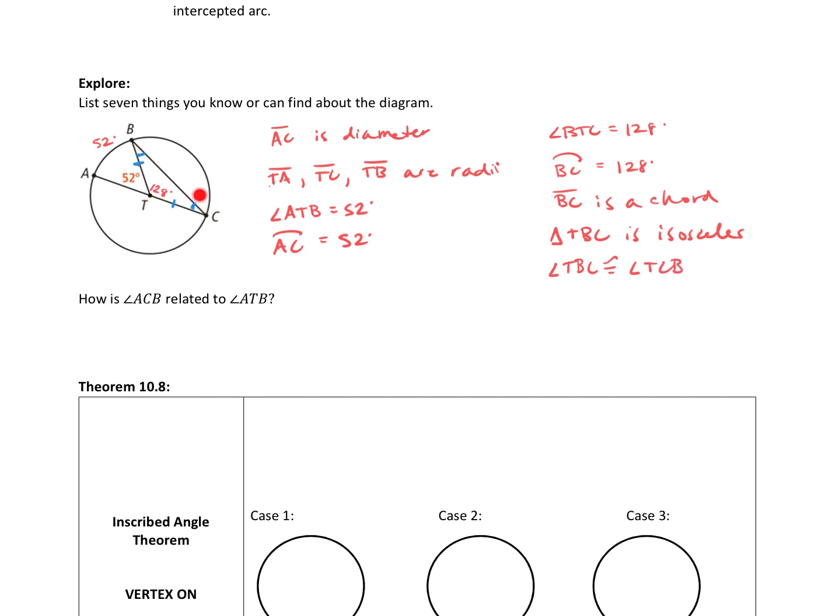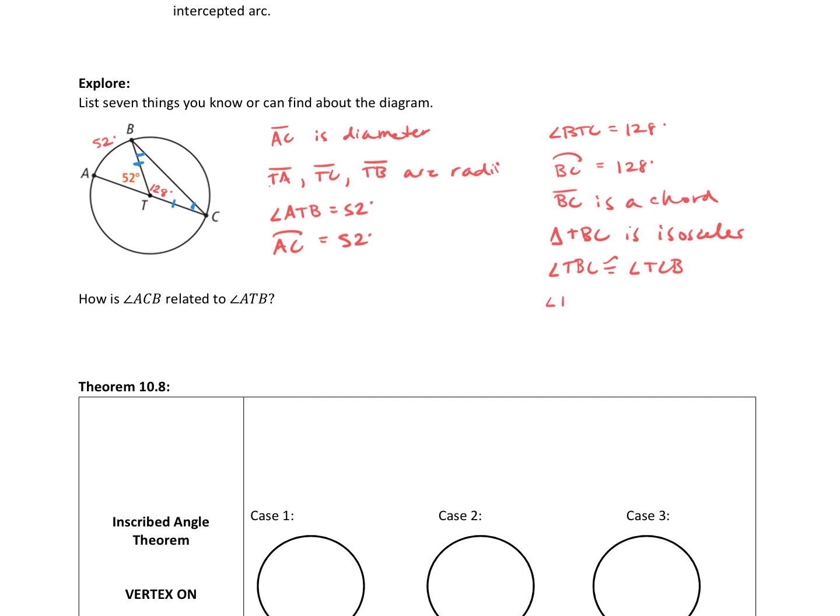Because in this isosceles triangle one angle is 128 degrees, the other two angles are congruent. So if we take 180, the full triangle, subtract out 128, and divide that by 2, we can figure out that both of these angles are 26 degrees.